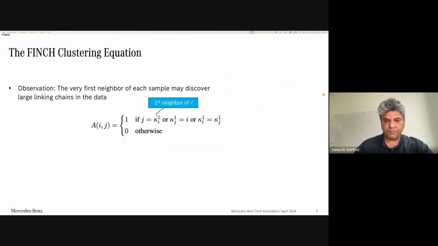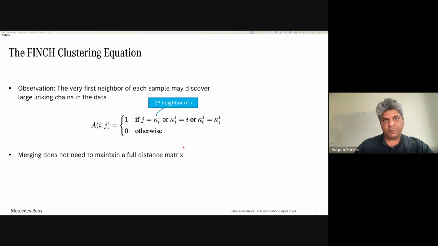This observation is captured in this clustering equation, which specifies two main conditions to form the adjacency link matrix. Here, the symbol k_i1 represents the first neighbor of point i, and the link between points i and j would be 1 when either of these conditions is met, and 0 otherwise.